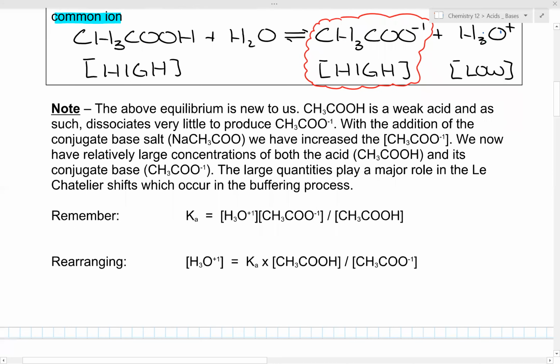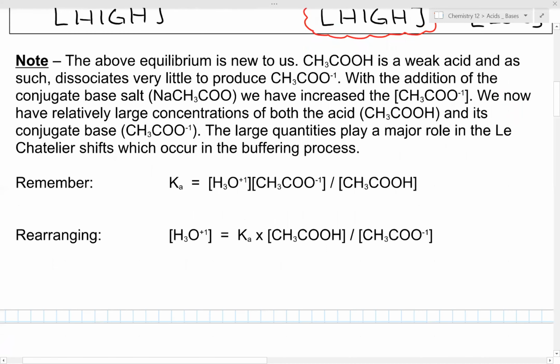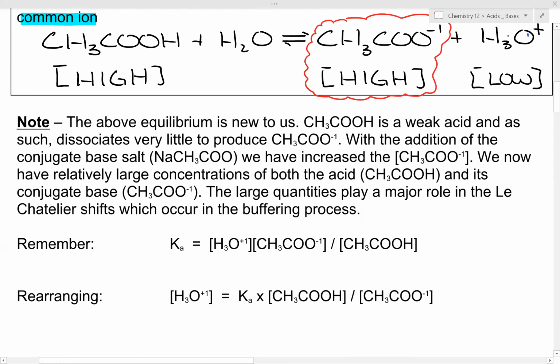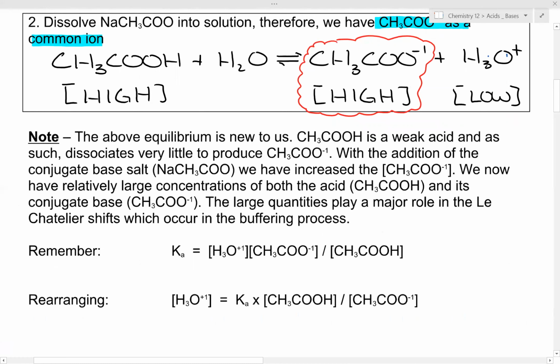Now, what I can do is prove this mathematically. When we did our weak acid, weak base calculations, remember Ka was equal to the products over the reactants.